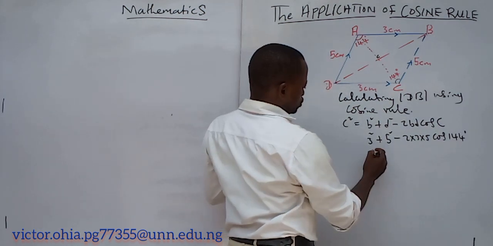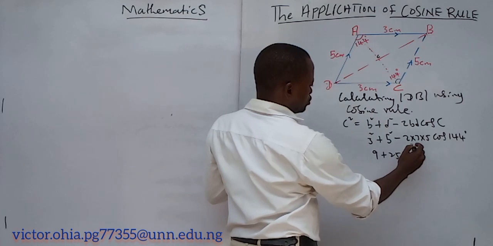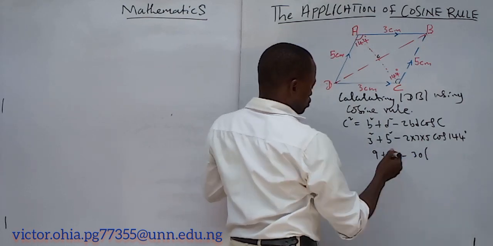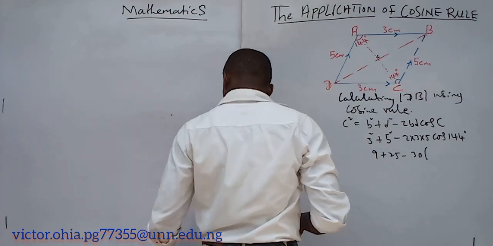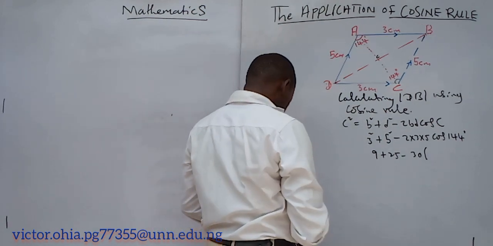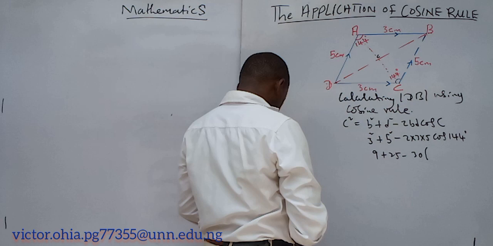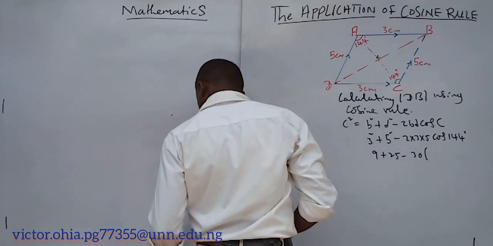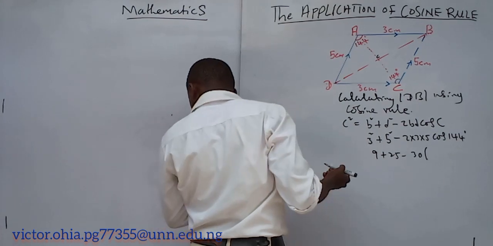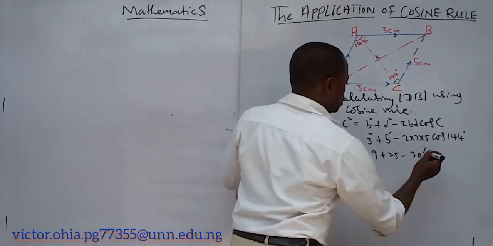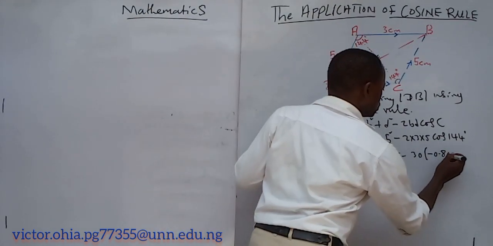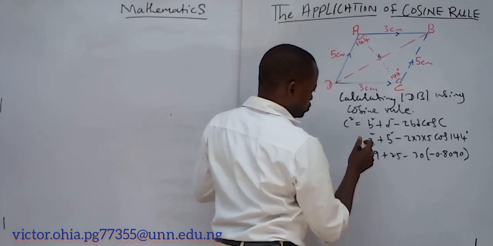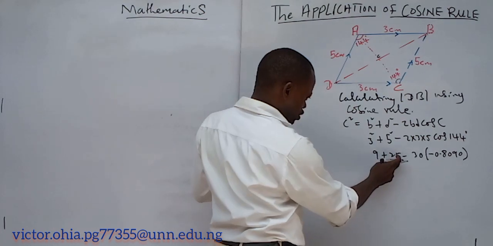This is 9 plus 25 minus 6 times 5, 30, in bracket cos 144. Cos 144 gave me minus 0.8090.